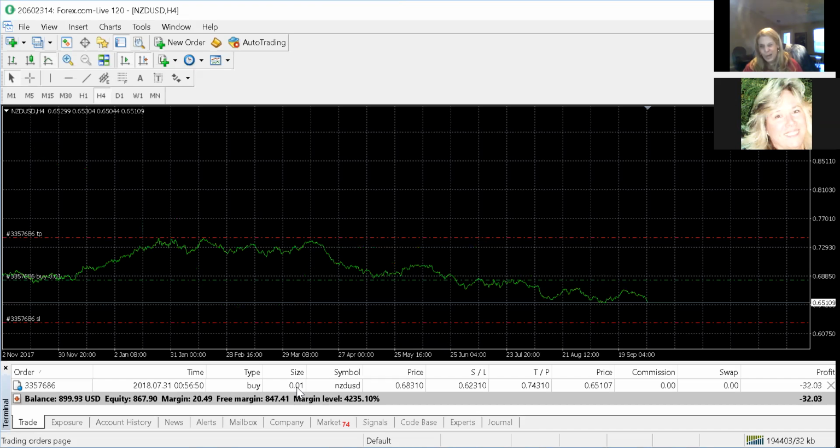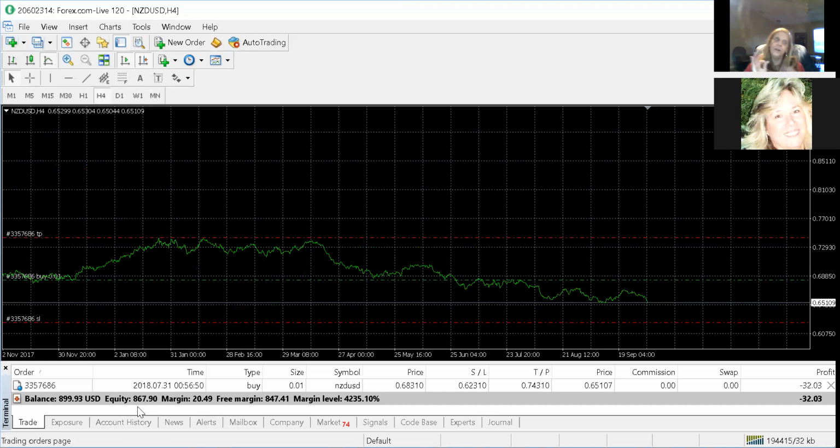I don't see that happening, and I'll show you why in a moment. But with a balance of close to $900, I have a long way to go before my stop loss is hit. And that's why when you keep your lot size at 0.01, you keep your risk profit ratio at 1-to-1.